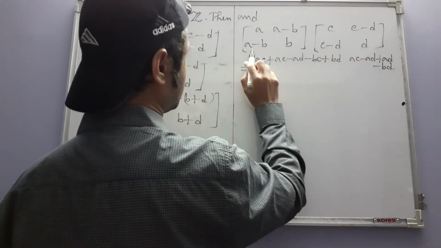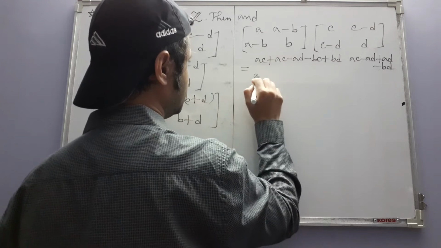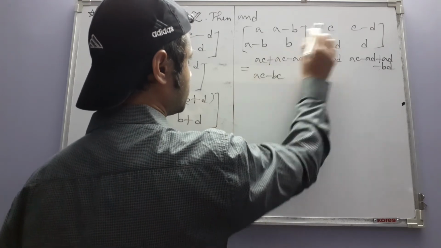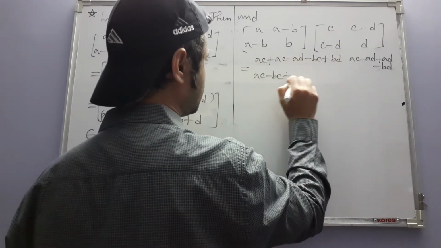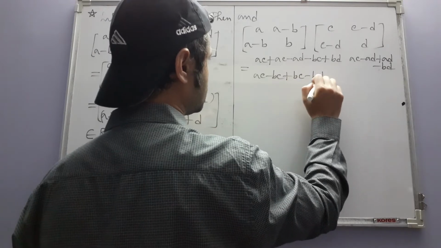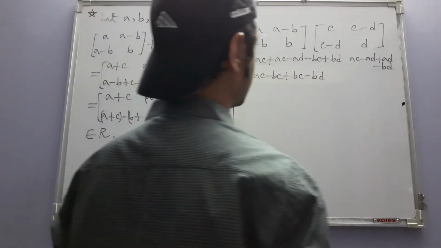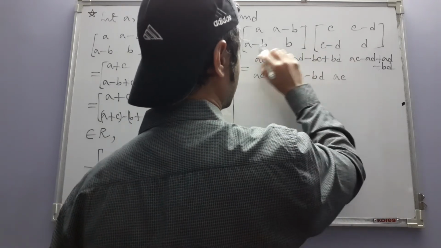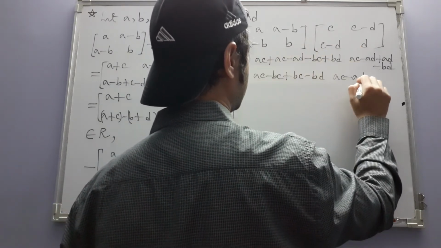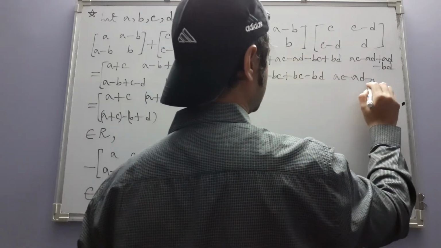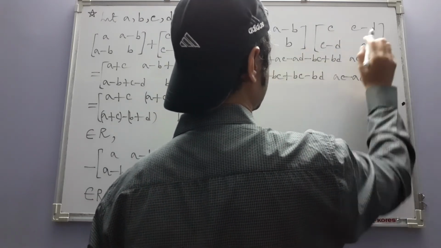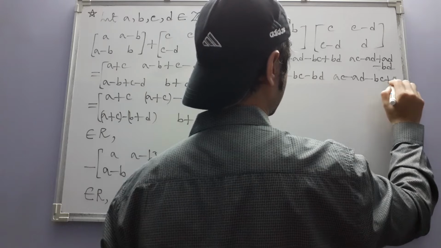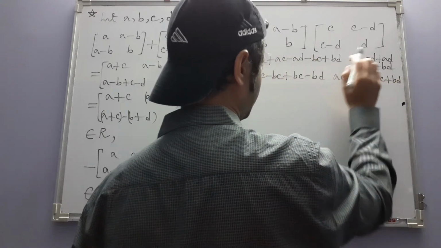Second row, first column, AC minus BC plus BC minus BD. Then second row, second column, AC minus AD minus BC plus BD. Minus B minus D is plus BD and plus BD.